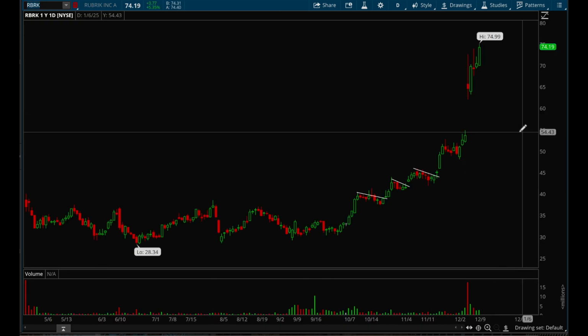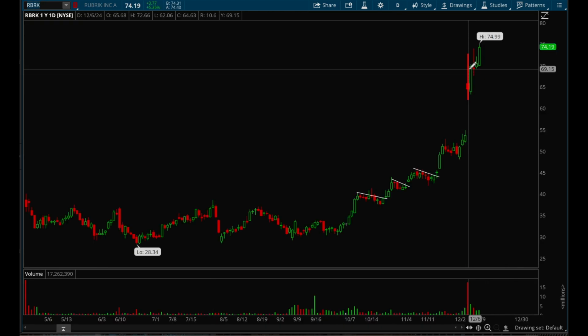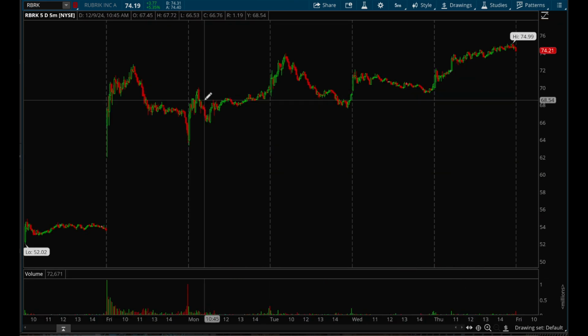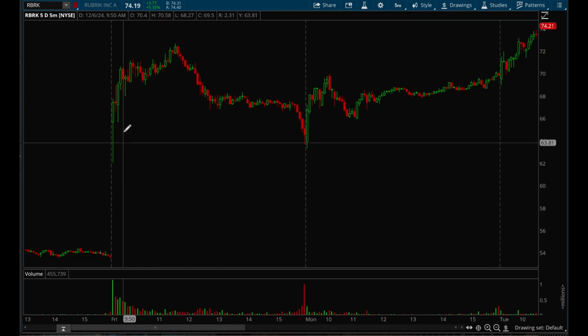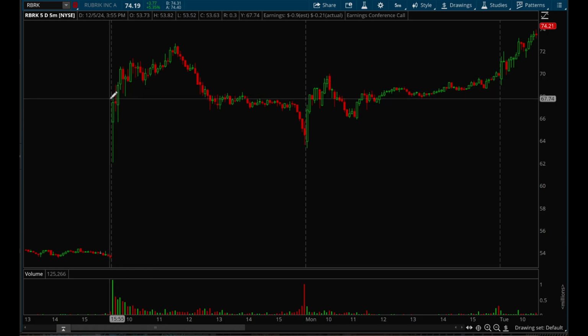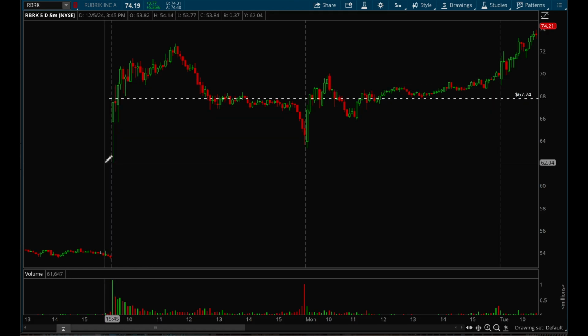Rubrik is a recent IPO, and this one had a big earnings gap up recently. Let's look at that 5-minute candle. This was the big gap up. This was the first 5-minute candle, and all you would do is, this is the buy point and this is the stop loss point.